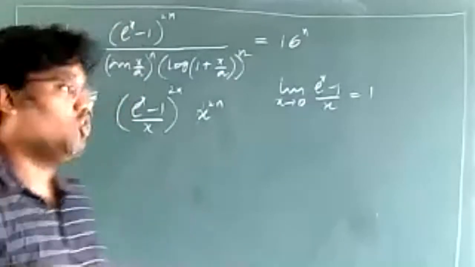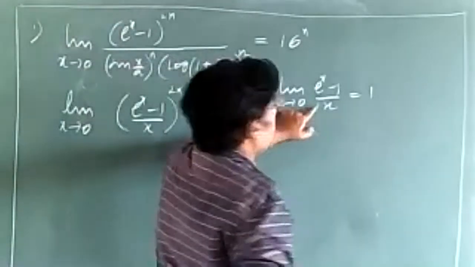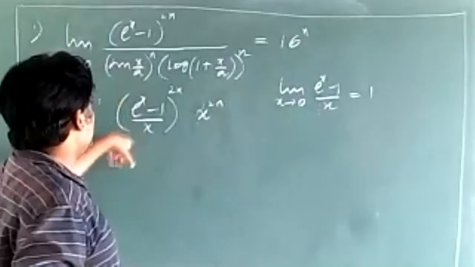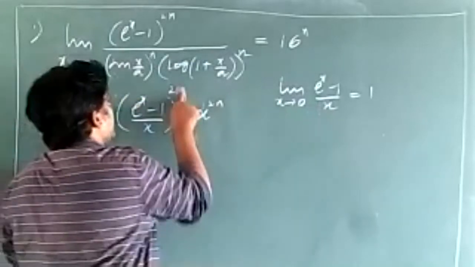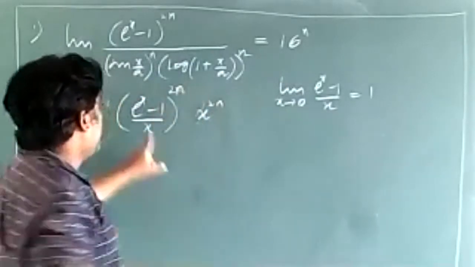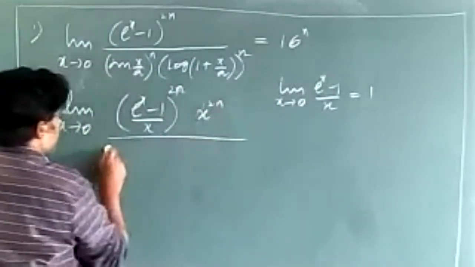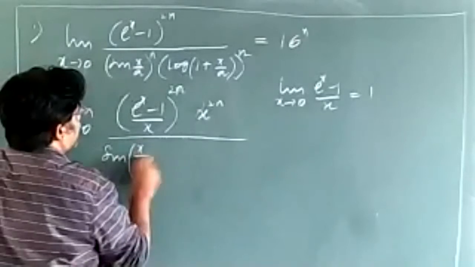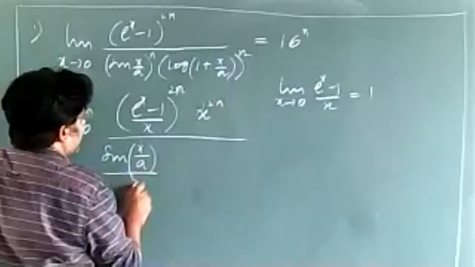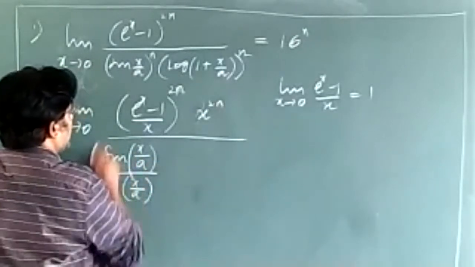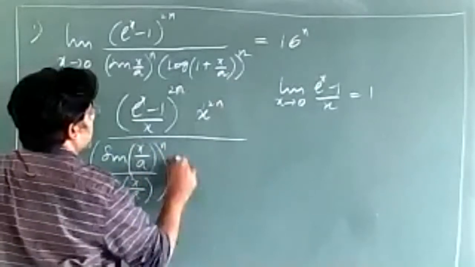To get this formula, I multiply and divide by x to the power of 2n. Next, divided by sin(x/a), I multiply and divide by (x/a)^n, as in sin theta by theta.